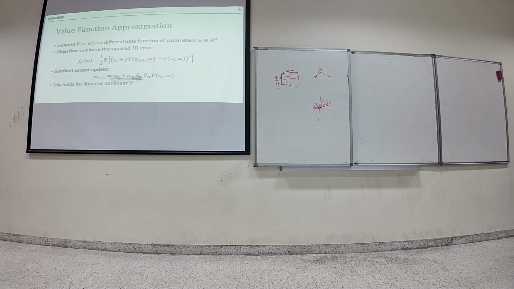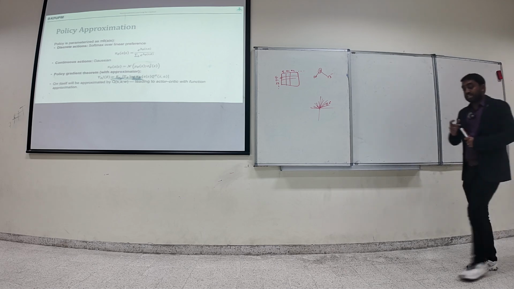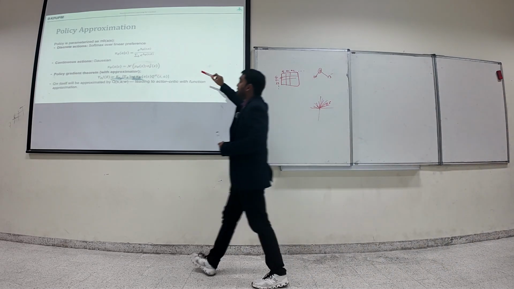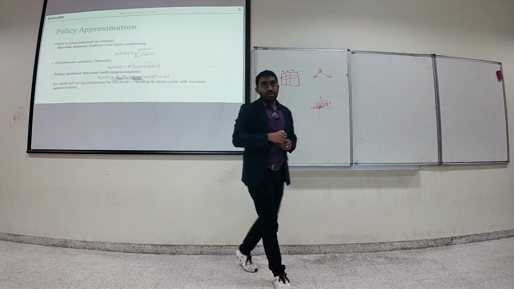Again, the objective remains the same, that is, to maximize the cumulative reward over the entire episode. Now if you have a discrete set of actions, you could use softmax to get the probability for each action.